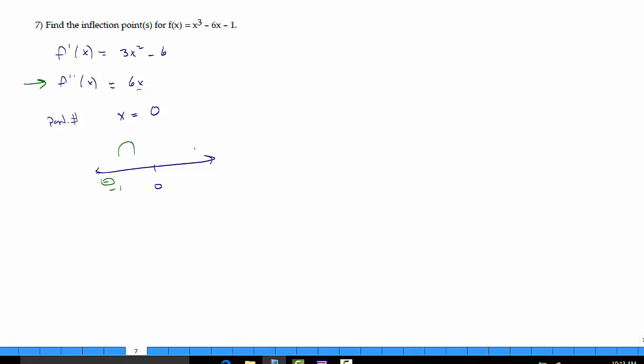Plugging in, I'm going to go with positive 1 for the other side. 6 times positive 1 is positive, so it's going to be concave up. And so my inflection point is going to be at x equals 0. And again, make note that the concavity has to change at that point, and it has to be in the domain of your function.